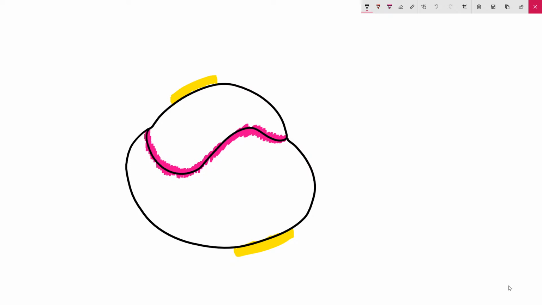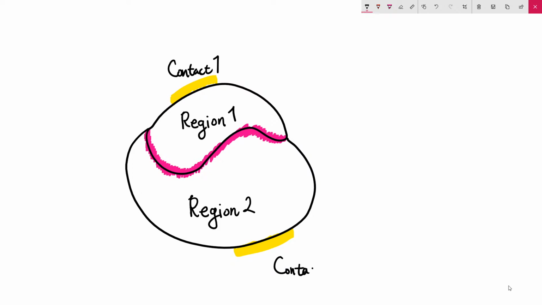So now you will have region 1 and you have region 2, and you have contact 1 and you have contact 2, and also you have interface 1.